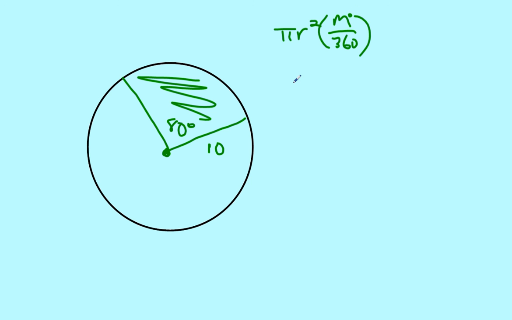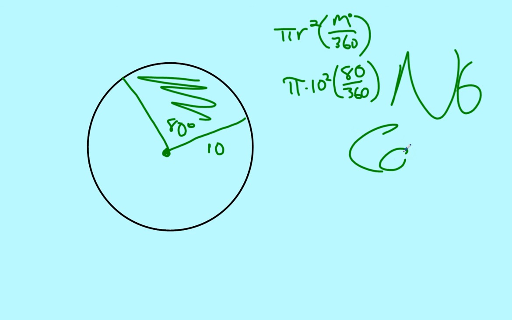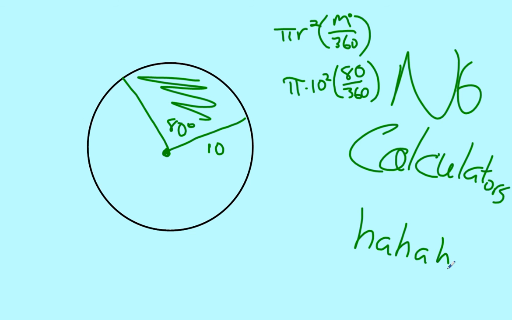So in this case it would be pi, because pi is just pi. Okay, don't try to make this complicated. R squared, 10 squared, times our measure, 80 degrees over 360. Then you simplify this and multiply it out and recognize that I'm not giving you calculators. Ha, ha, ha. Because this is multiplying. You know how to do this. Alright, so that's sectors. That's not so bad.